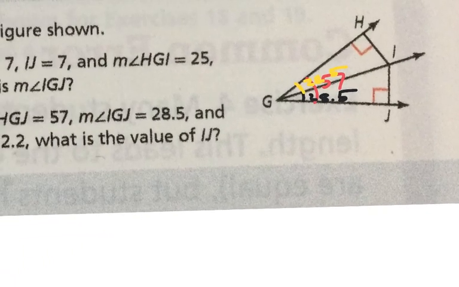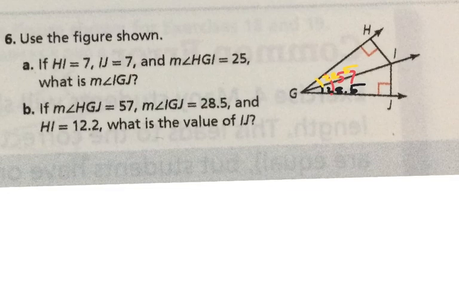So because I know it's an angle bisector, then that means that these two lines are the same. So that tells me H to I is 12.2. And it wants to know what is I to J. It's also 12.2. What's the whole thing again? 57? Yes.